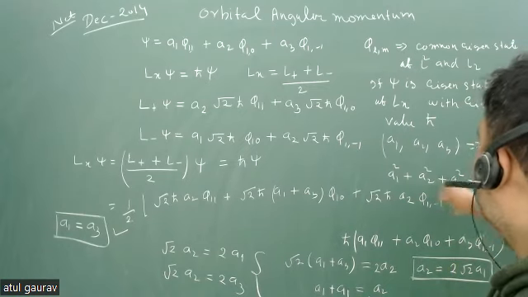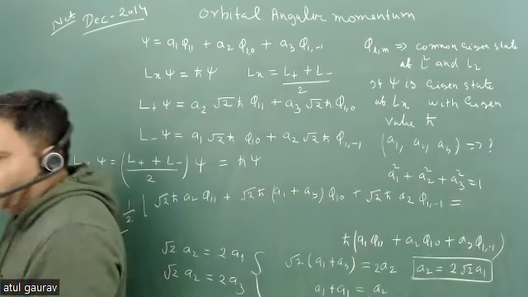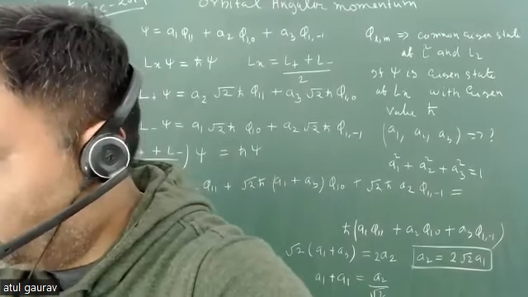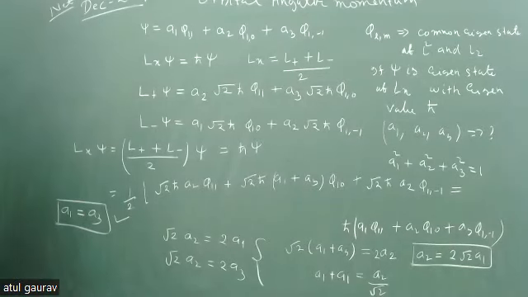And third, we can use this one, isn't it? Then we can get the value of A1, A2 and A3. Yes or no? So then put the value.